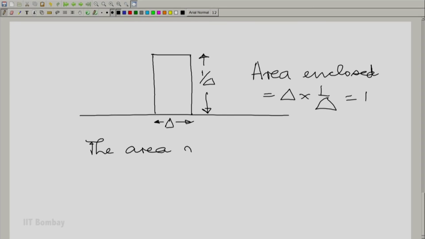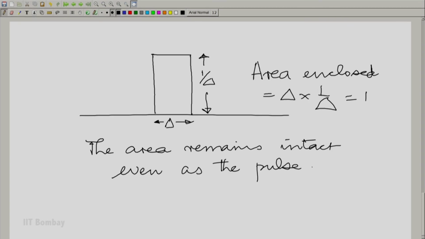The area remains intact even as the pulse becomes narrower, that is Delta tends to 0. This ever narrowing pulse is a new idea to us, and we shall talk about it more in the session to come.